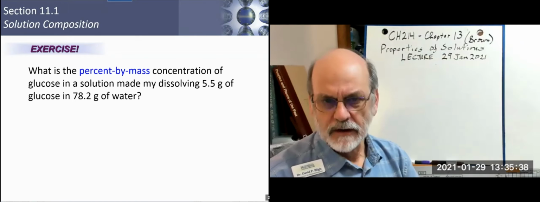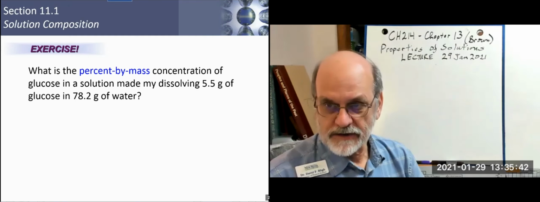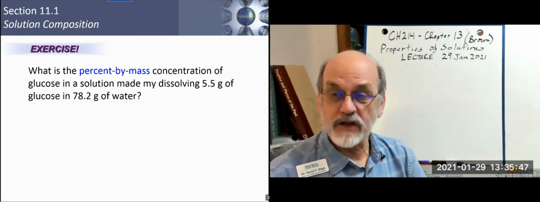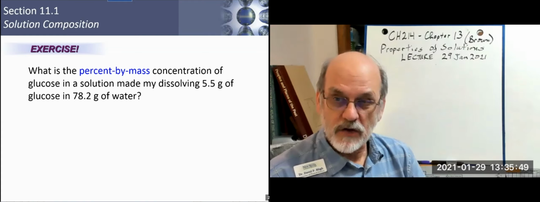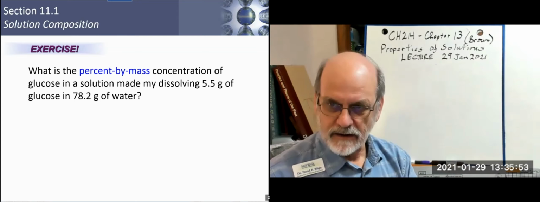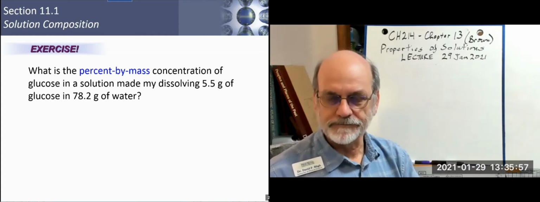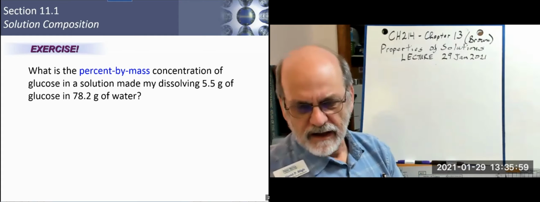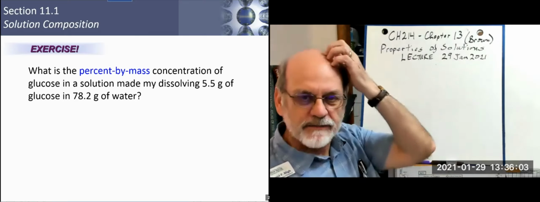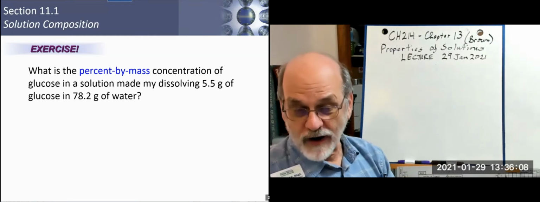Because when a new compound is submitted for analysis, the first values that will come out of the analysis, usually, are the mass percent of each of the elements in that compound. That's another problem, but they're very closely related. In this case, percent by mass in this solution, you have 5.5 grams of glucose.